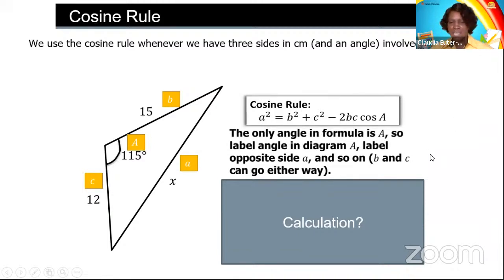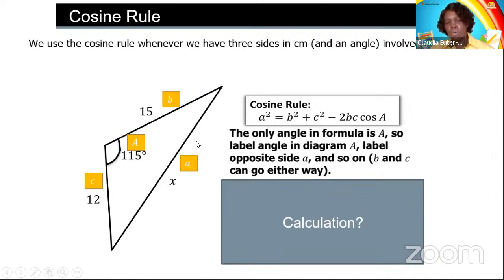Some books might say C square is equal to A square added to B square, and then minus 2AC times cos, and the cos here depends on what you start with. So if you start with common letter A, you end with a capital letter A. If you start with common letter B, you will end with a capital letter B. So it doesn't matter how you write the formula. Once you know that your angle is capital letter A, you have to start the formula with this.